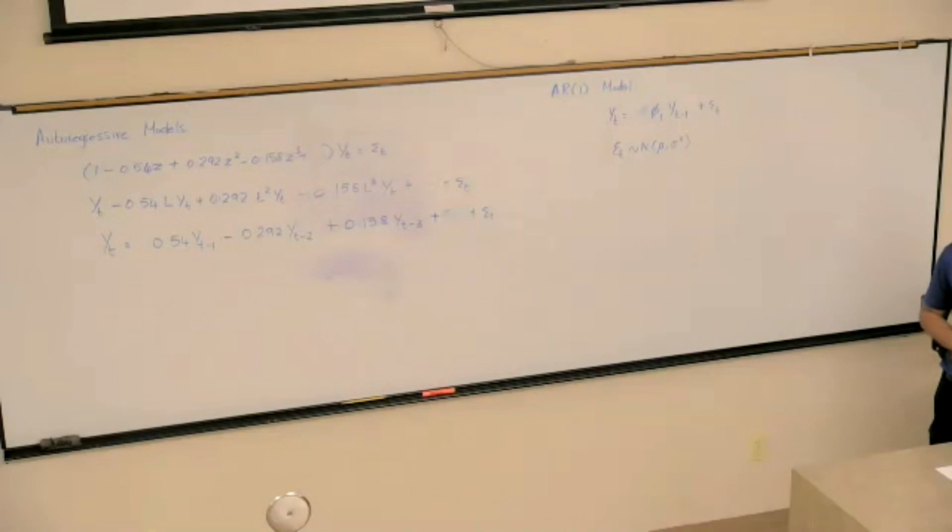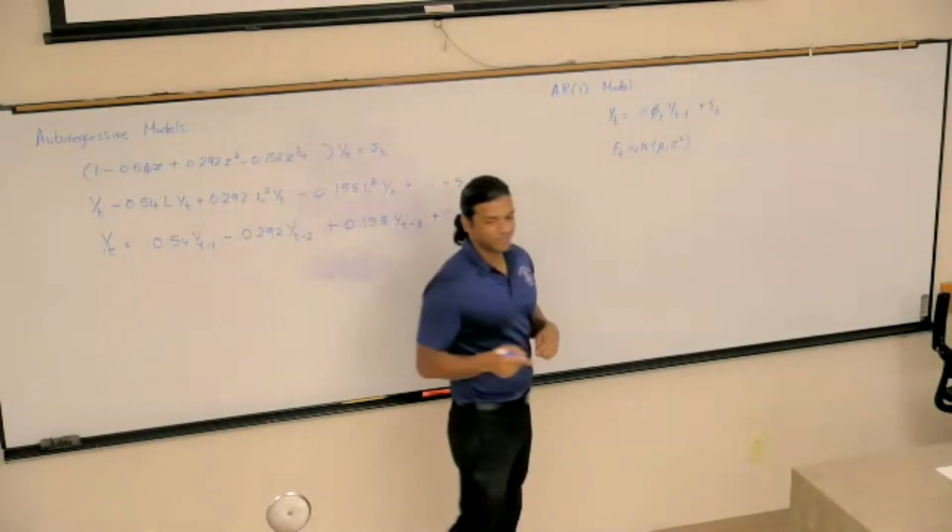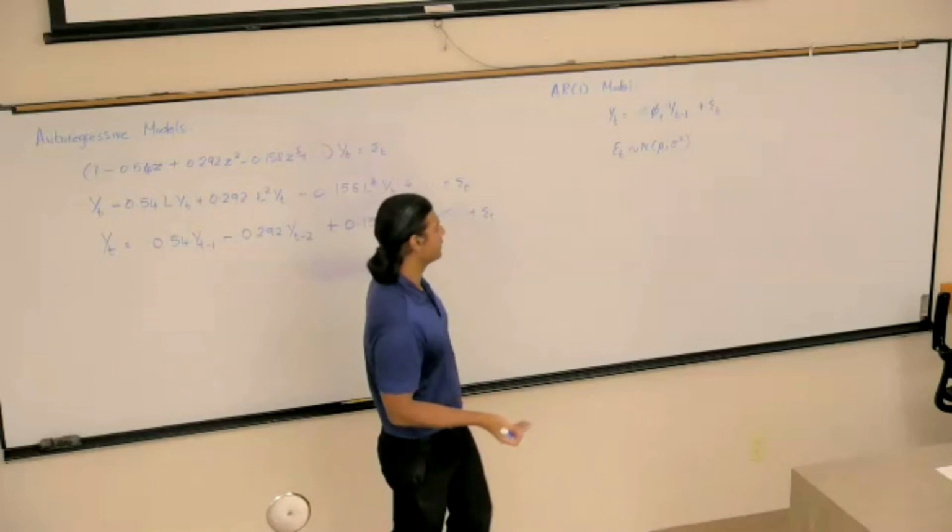Characteristic equation, yes. I'll give you a hint. It has something to do with covariance. Rho. Get it? Rho, covariance. So we found the covariance.